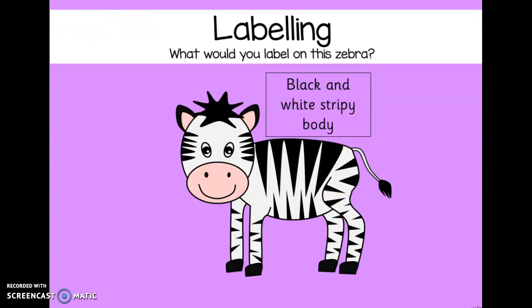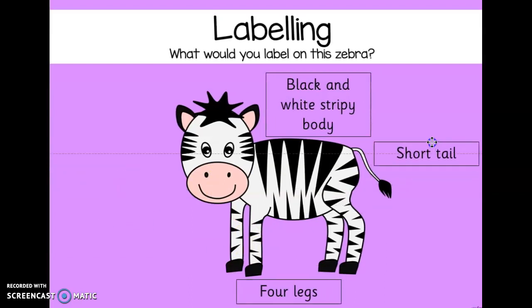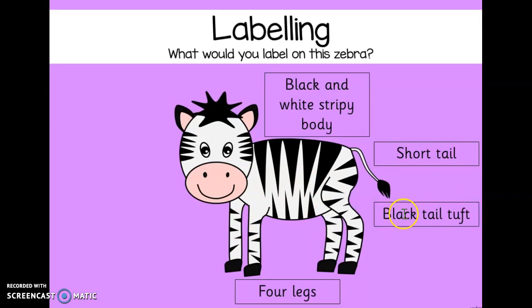I just said we have 4 legs. Let's get the extra bit of detail. We have a short tail, so put a little short tail here. And this part of the zebra is called its tuft, the tail tuft. I had to do a bit of research in order to help me label some of these animals so I could get all the correct terminology or ways to say how to label the animal's body.